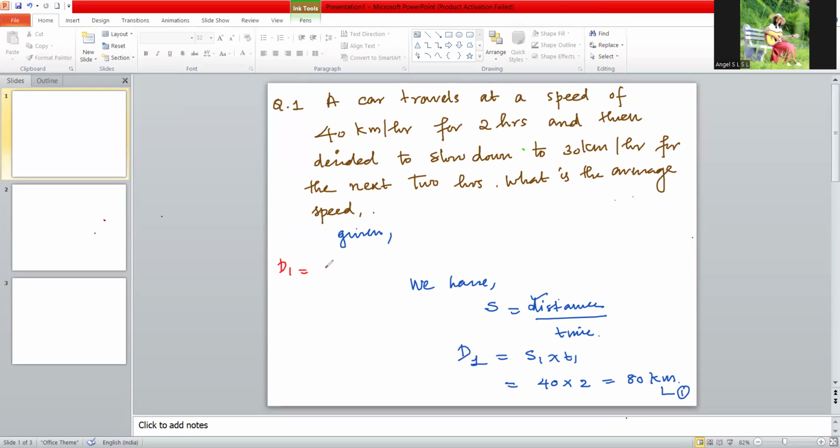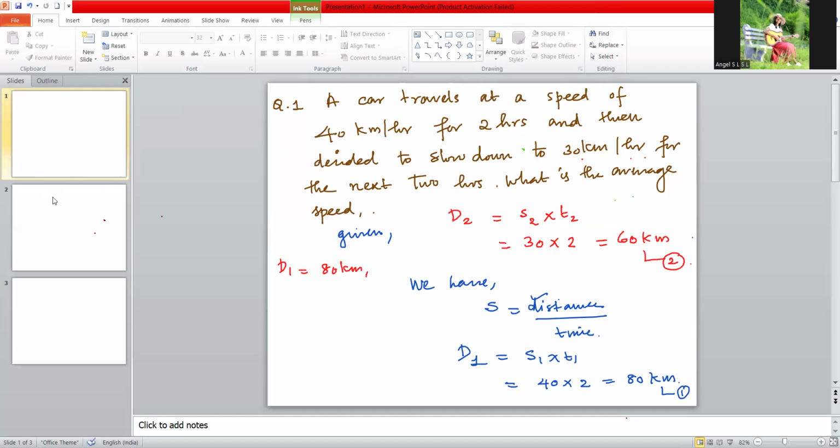Now we're going to find D2. D2 will be S2 into T2. What is S2? It is given, right? The speed for the next 2 hours is 30 kilometer per hour. So it is 30 into T2, again 2 hours, right? So you'll get 60 kilometers. So this is equation number 2.